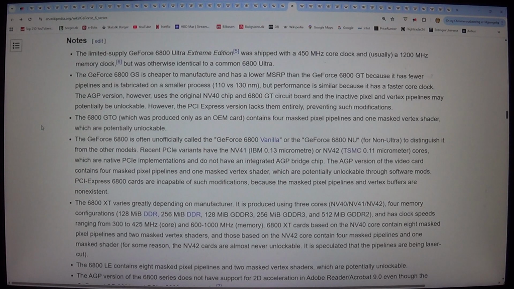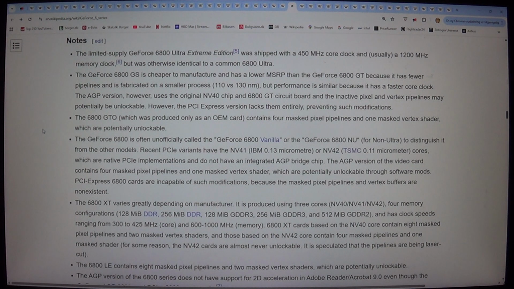The GeForce 6800 GS is cheaper to manufacture and has a lower MSRP than the GeForce 6800 GT because it has fewer pipelines and is fabricated on a smaller process, 110 vs 130 nm, but performance is similar because it has a faster core clock.